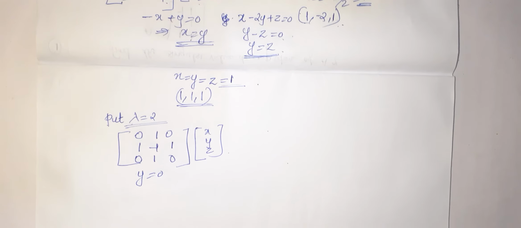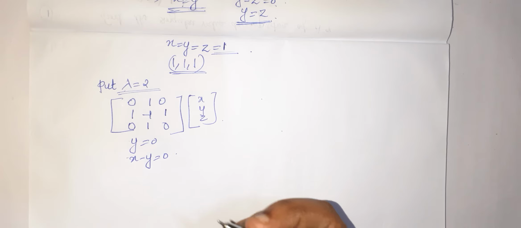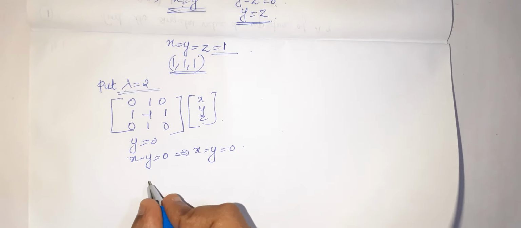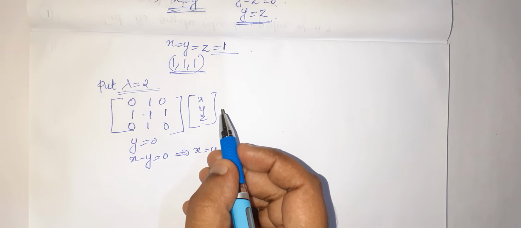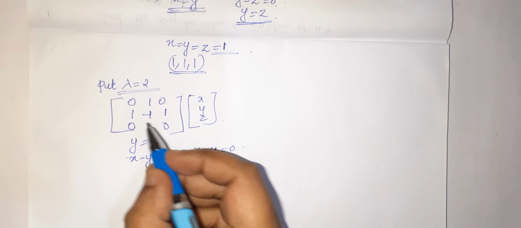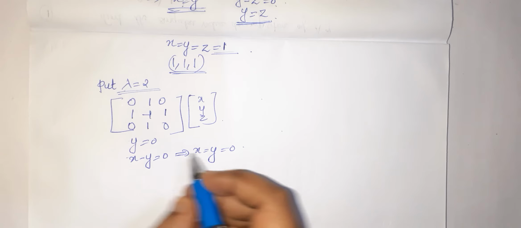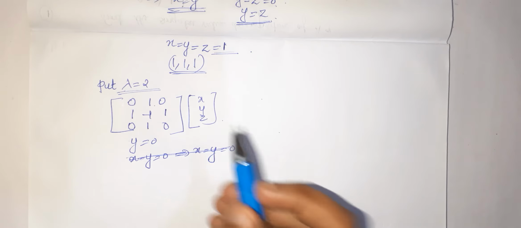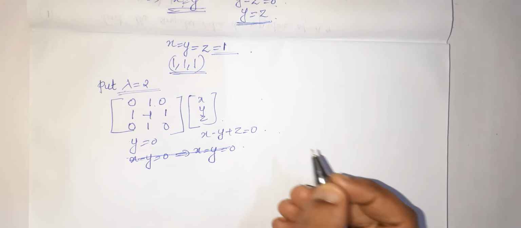We will get y equal to 0, and the second equation is x minus y plus z equal to 0.